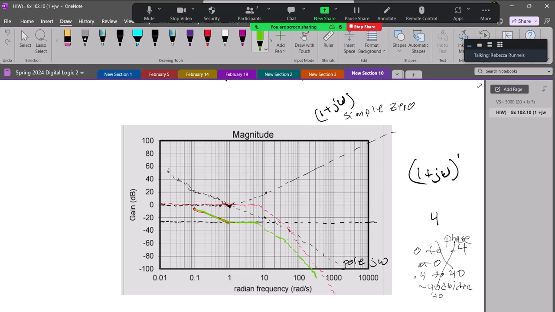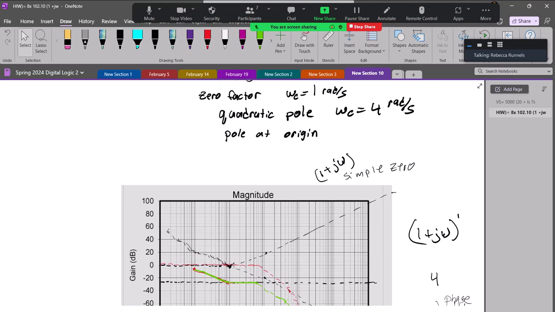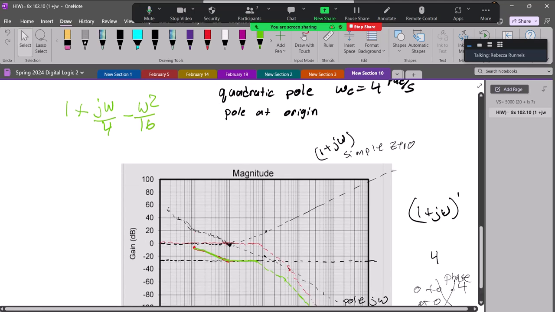Okay, so let me go back to answer the question about the damping factor. And so we had the quadratic term of 1 plus j omega over 4 minus omega squared over 16. So that was our quadratic term.